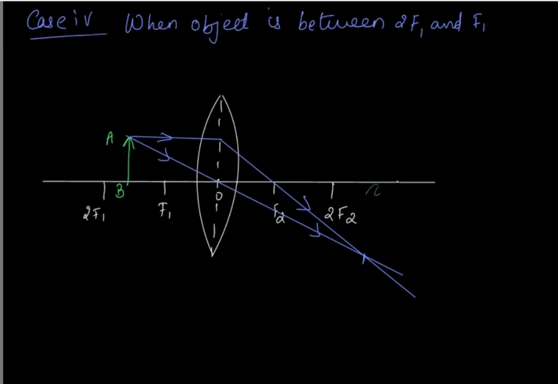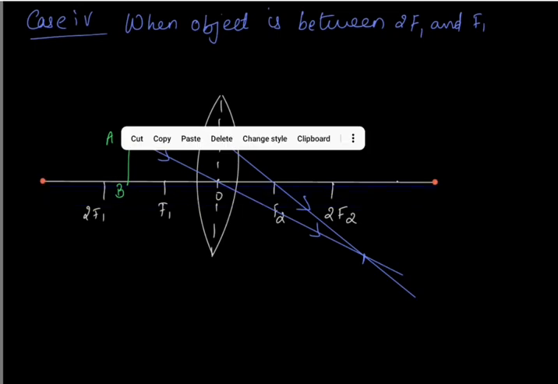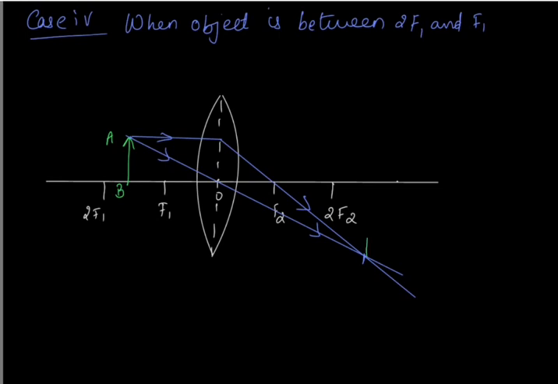Drawing the image, you can draw it here. You can see that the image is actually larger than the object. So A dash B dash, the image, is inverted, and when you compare the size of the image with that of the object, the image is enlarged and the position is beyond 2f2.